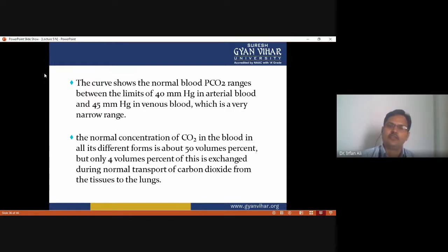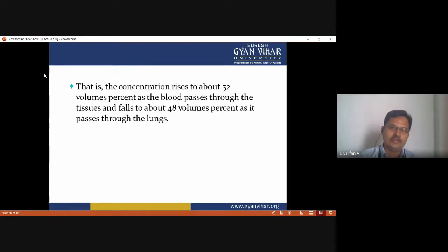There is a very narrow difference, and the normal concentration of carbon dioxide in the blood in all its different forms is about 50 volume percent, but only 4 volume percent of this is exchanged during normal transport of carbon dioxide from the tissue to the lungs.